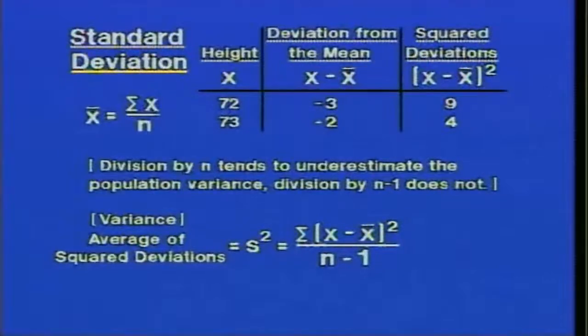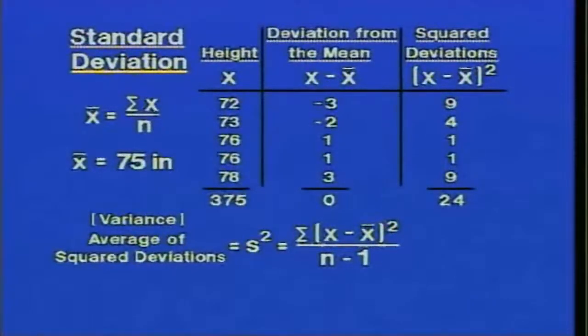And in this circumstance, if we take the variance of a sample, we want that sample variance to emulate the population variance as closely as possible, and it turns out that dividing by n minus 1 is a better estimate of that variance. Well, at any rate, this is the relationship that we're going to use for calculating variance. And when we pop this into our calculator or make the calculation here, it's 24 divided by 4, or 6.